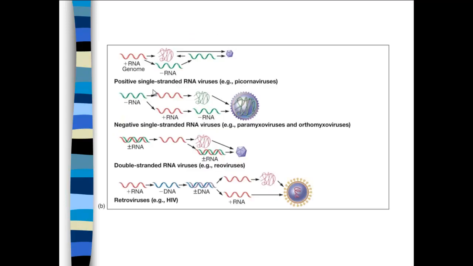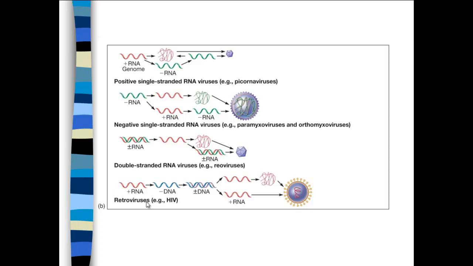Okay. And this shows you some different routes in terms of how different viruses, this is for positive single-stranded RNA, negative single-stranded RNA, negative or double-stranded RNA, and then retroviruses, the 4 different types of RNA viruses.